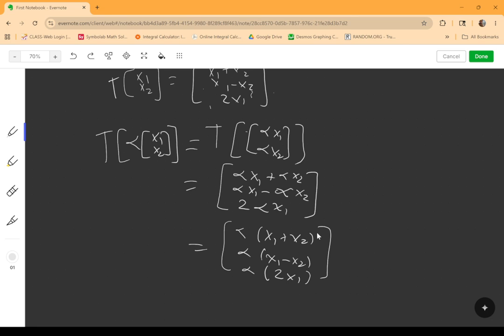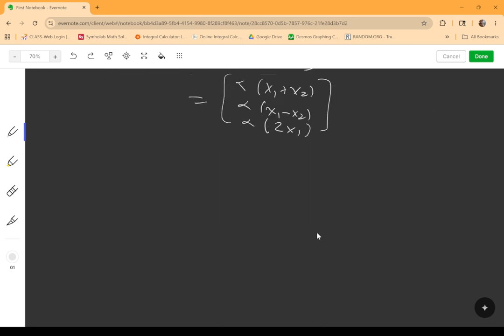All right, and then again, using just properties of vectors here, I can factor out the vector and represent it like this. We get, all right, and now this here, the x1 plus x2, x1 minus x2, and 2 times x1, is just T of x1, x2.